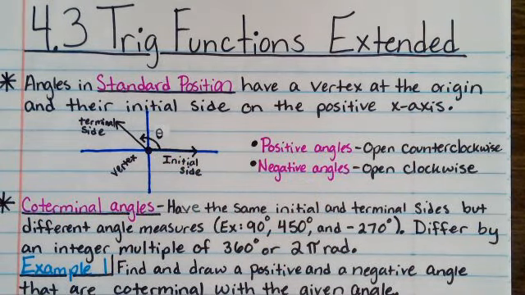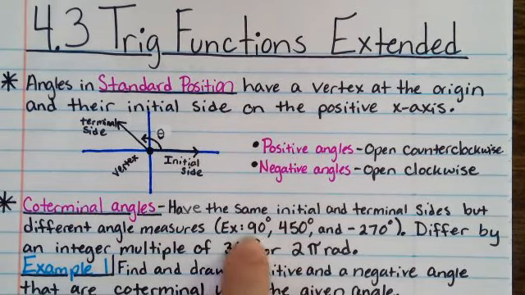All right, so coterminal angles. Let's talk about what that is for a moment. Coterminal angles, they have the same initial and terminal sides, but they have different angle measures. So that would be things like if you look at 90 degrees, or what if I were to make a complete and total rotation from that 90 degrees.